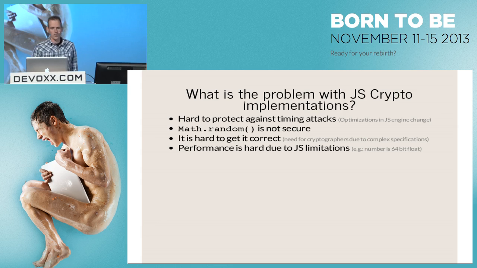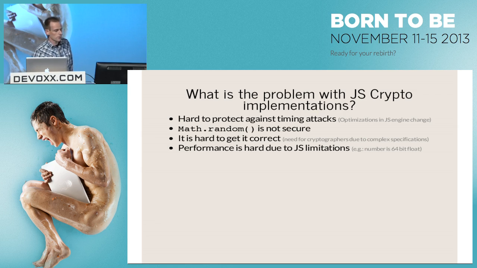But there is a problem with those JavaScript implementations. They are implemented completely in JavaScript, and in JavaScript it's really hard to protect against timing attacks. In all cryptographic operations, it's important that you can ensure that certain operations are done in constant time, because otherwise there are attacks to get your input from it.